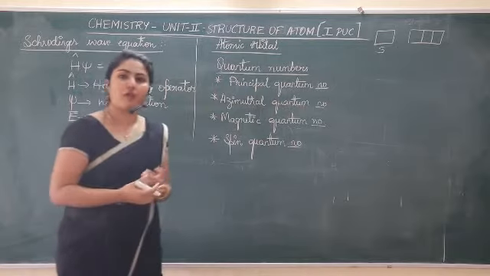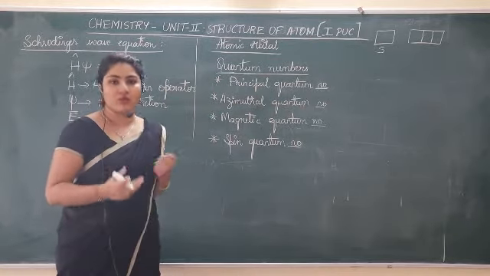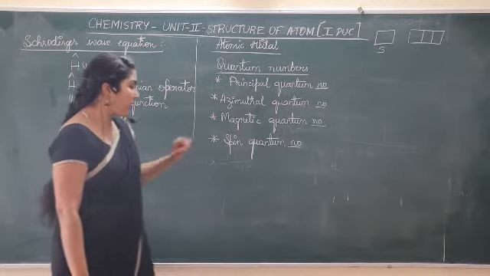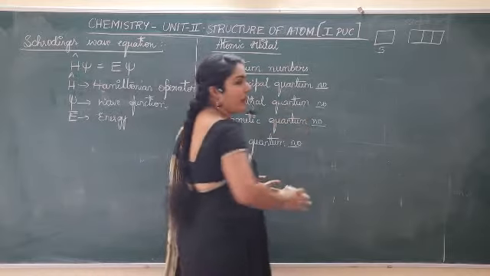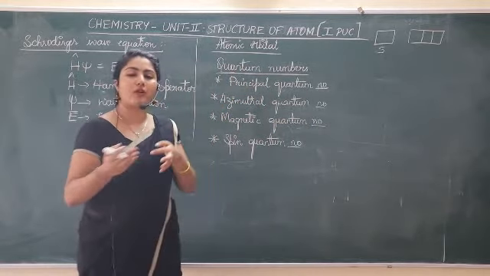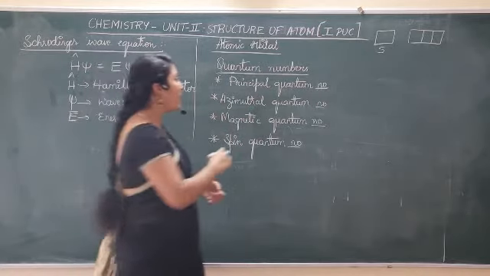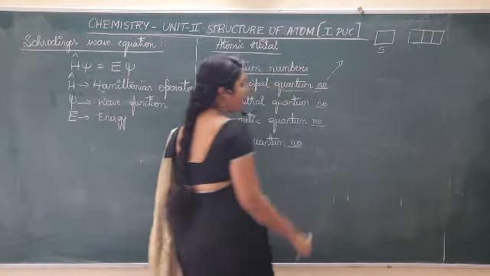What do they give information about? I was telling a lot about quantum numbers. What do they tell? We will see. I'll start with the principal quantum number, and then we will move on to the other ones. I'm writing a note on it.